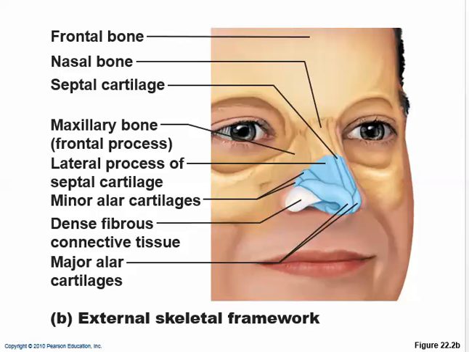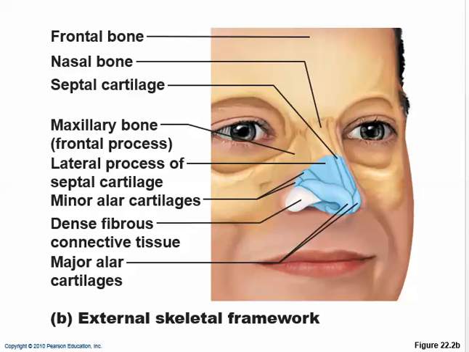There's a number of cartilages that make up most of the dorsum nasi, and extending down into the ala. And then the ala itself is mostly made up of a dense connective tissue proper, and not, in fact, cartilage.